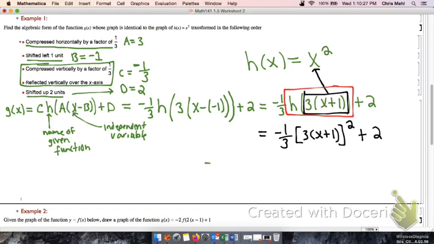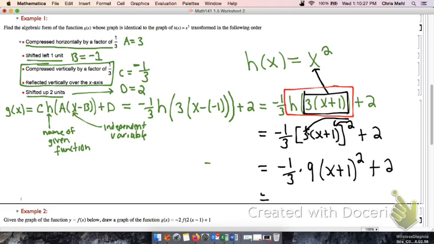Okay, in the next step, we're going to bring the square in. Notice I have a multiplication of 3 times x plus 1, so I have to square 3 and square x plus 1. So I end up with -1/3 times 3 squared, which is 9, times x plus 1 squared, and then I still have the +2.